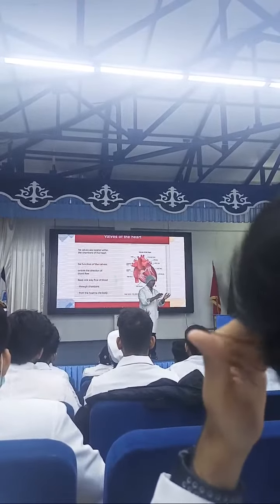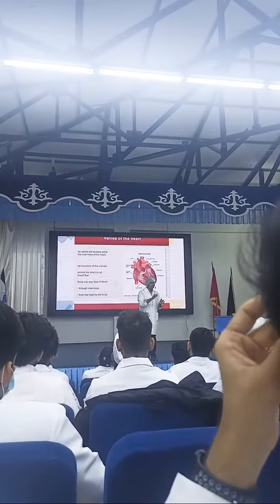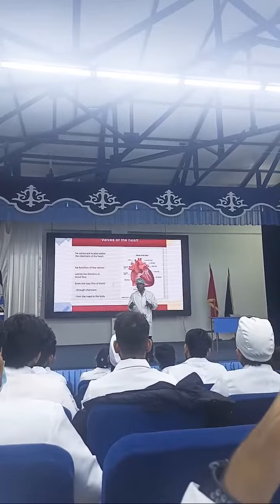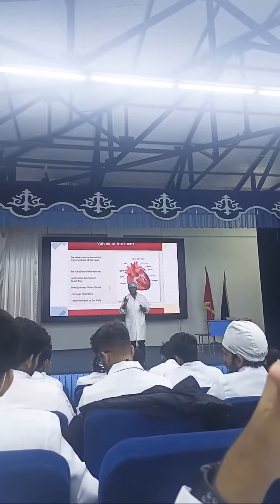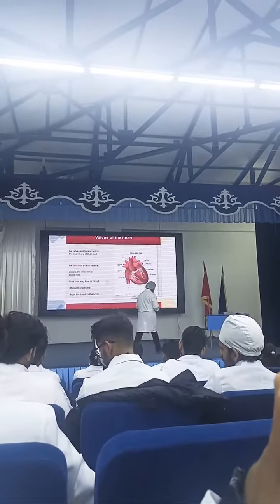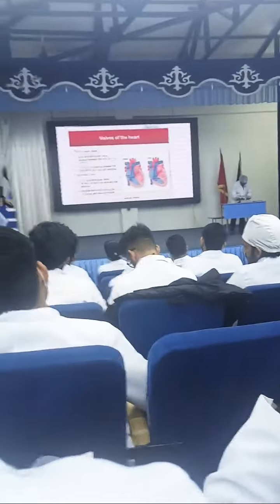Pulmonary valve and aortic valve. So even your pulmonary valve and aortic valve, they also have 3 cusps. And even tricuspid valve, it has 3 cusps. But mitral valve, it has only 2 cusps. Okay? Right. Then, followed by that, yes. So this is your tricuspid valve. What is the role of tricuspid valve?